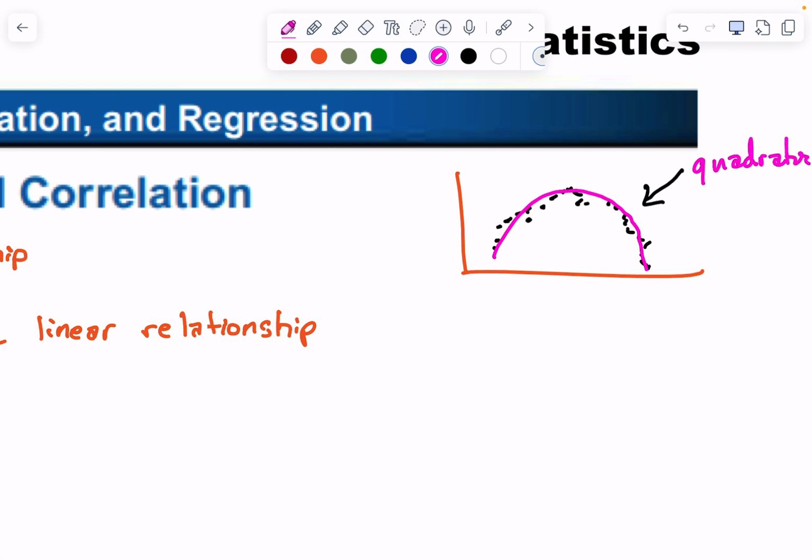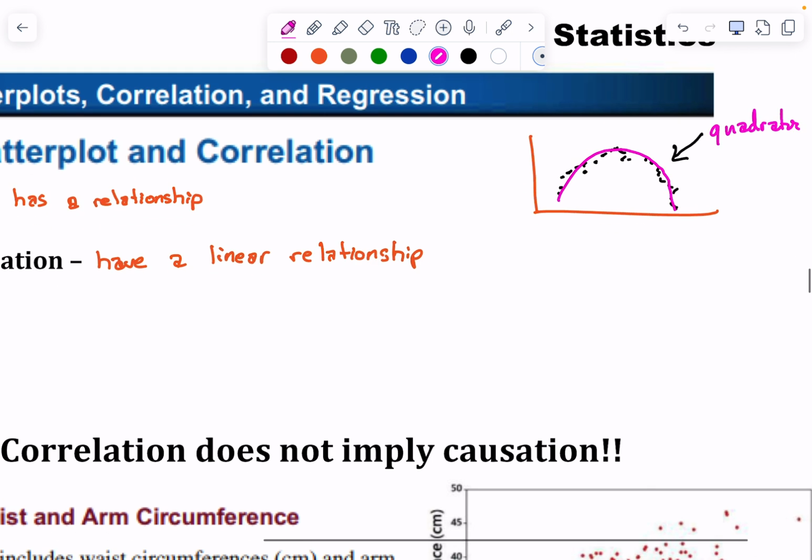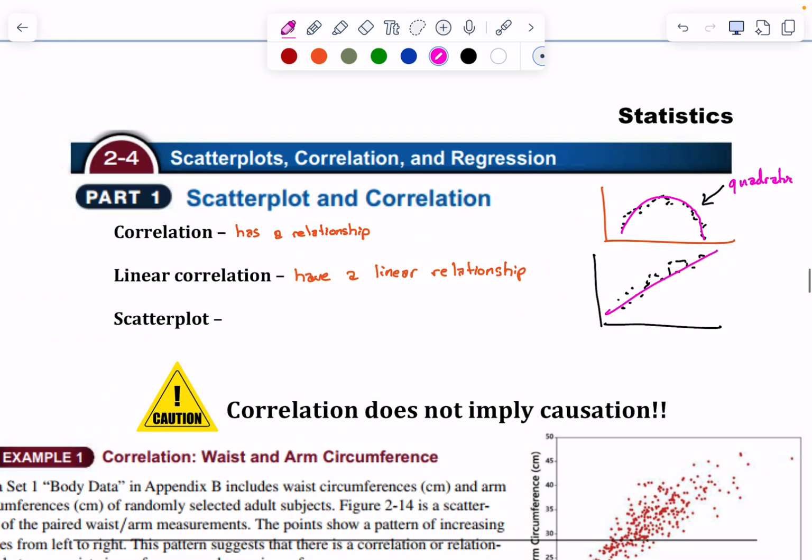It could be a quadratic relationship between the two. But a linear relationship is going to look like this. If you want to write this down. Something like that, where you could draw a straight line and it resembles a straight line, right? That is a linear relationship.